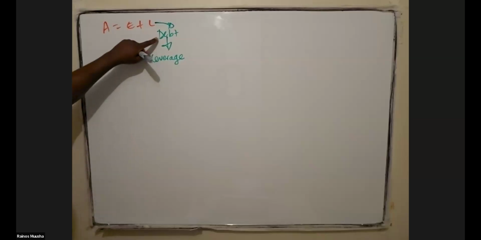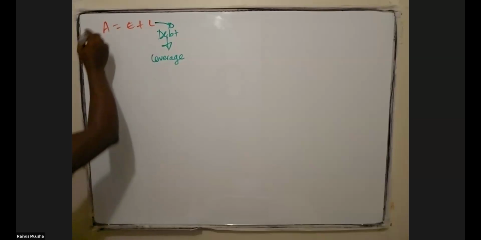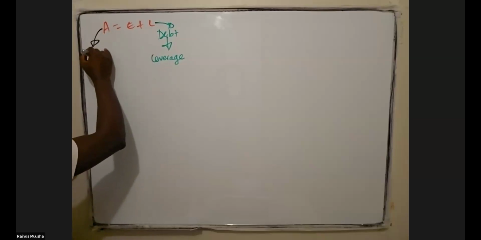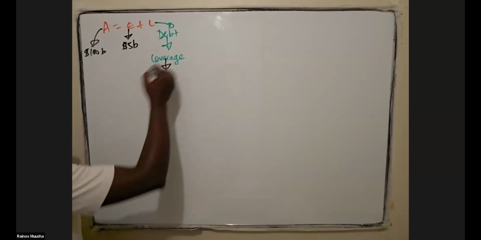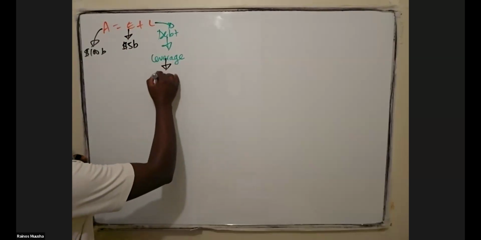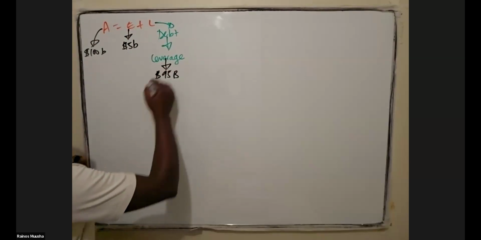So if you see the term leverage in the article, you should know that the term leverage refers to use of debt financing. If the company has assets worth 100 billion and the equity is only worth 5 billion, it means the liabilities are worth how much? 95 billion. So the liabilities are worth 95 billion.